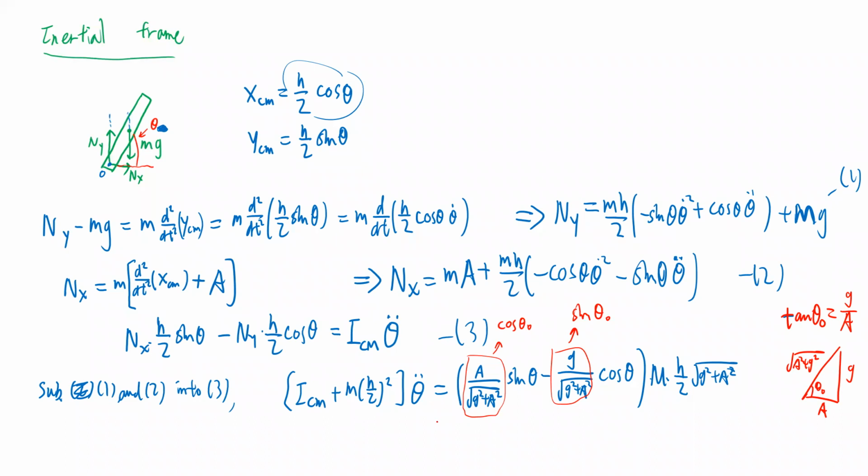Therefore, this whole thing in the bracket is sine of theta minus theta naught. It's much simplified.